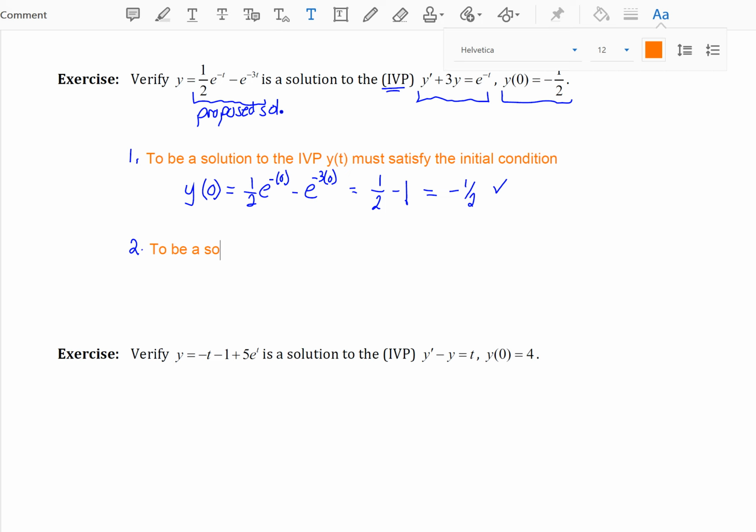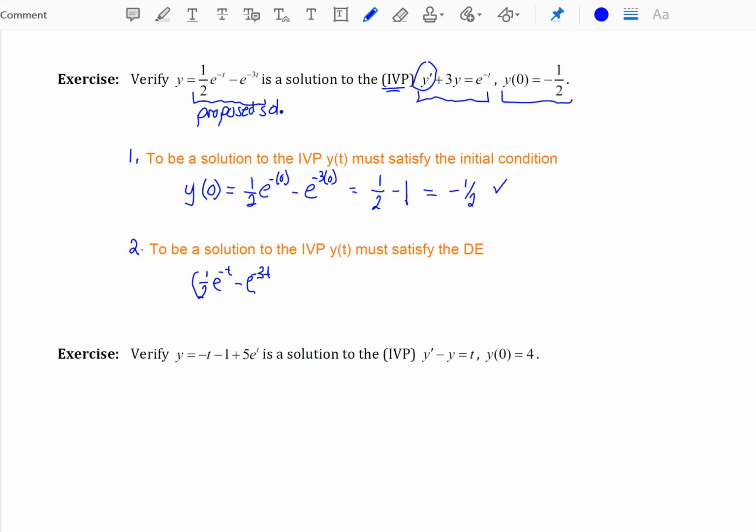Number 2. To be a solution to the IVP, y of t must satisfy the DE. So let's verify that it satisfies the DE. Here we want to evaluate our proposed solution in our differential equation. So we're going to have y prime, so we're going to have the derivative of 1/2 e to the negative t minus e to the negative 3t.